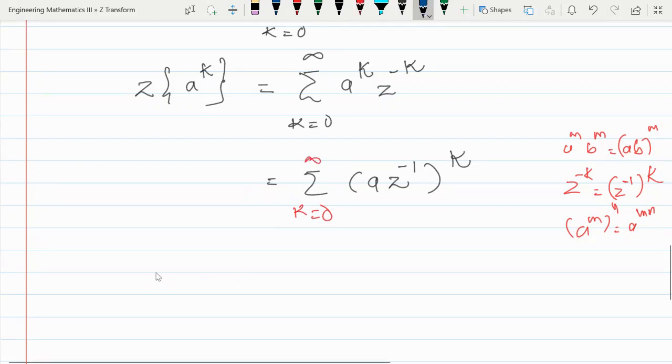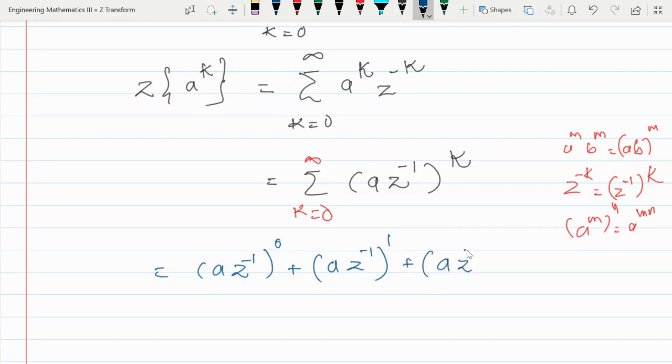Now expand. What happens for k equal to 0? What I get: a into z raised to minus 1 raised to 0, plus for k equal to 1, a into z raised to minus 1 raised to 1. For k equal to 2, a into z raised to minus 1 raised to 2, plus so on. Isn't it? And what is this?